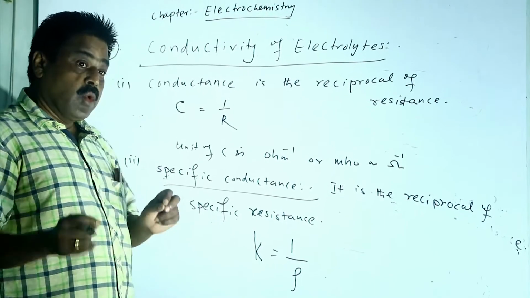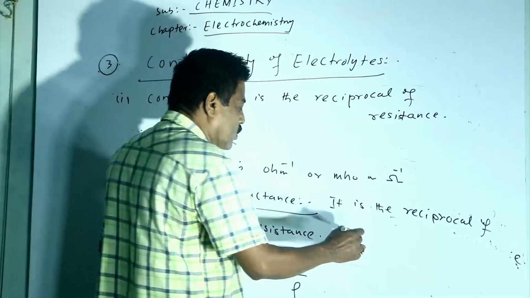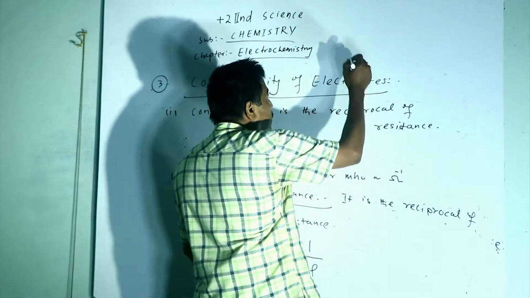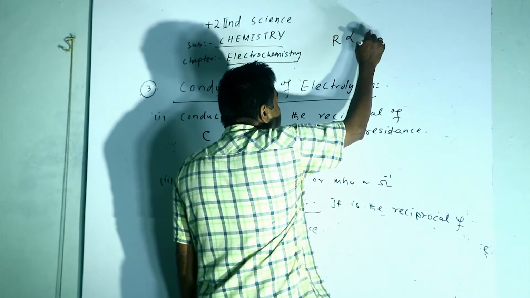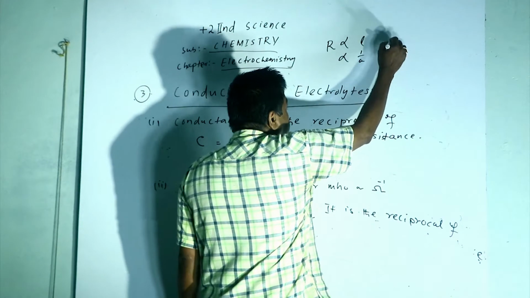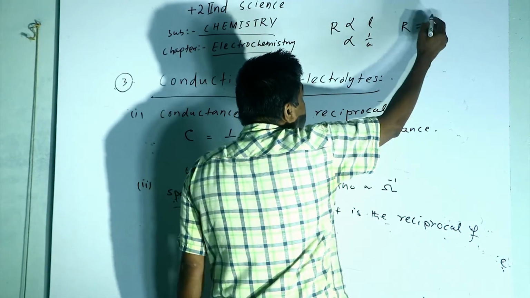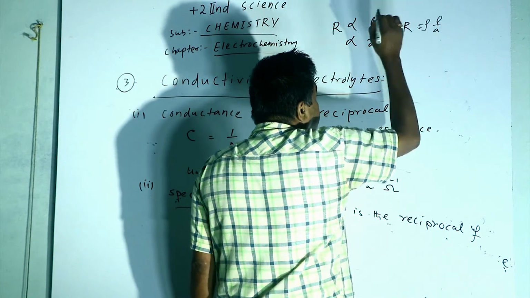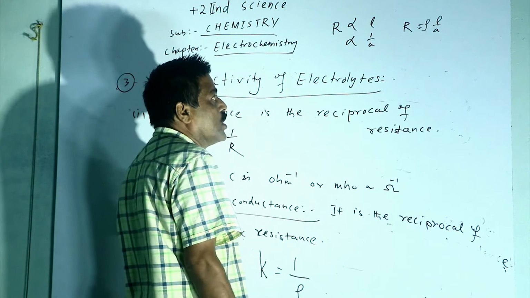So you know rho, you have already discussed according to the resistance formula, R proportional to L, R proportional to 1 by A. From that I have already told R proportional to L by A, and then the proportional rule is there.